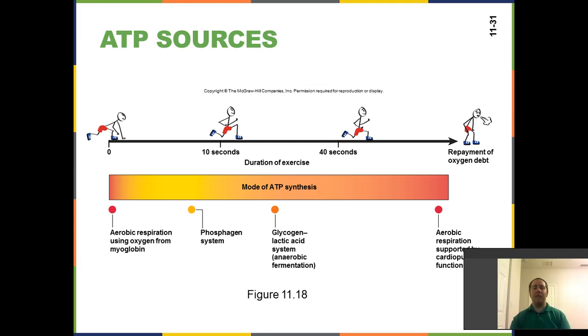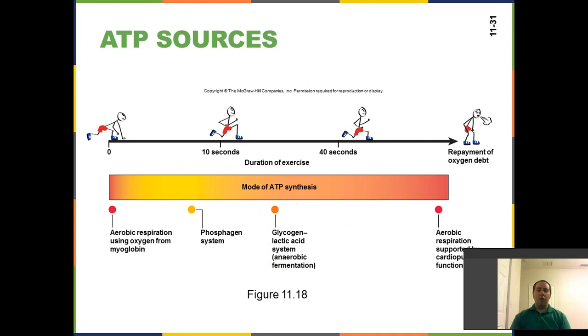Essentially, the phosphagen system is going to be a bank where we can store up ATP. Once the phosphagen system runs out, now at the kind of 20-second time period, we're going to have to switch over to anaerobic fermentation. We're going to use anaerobic fermentation for as long as we continue to run.